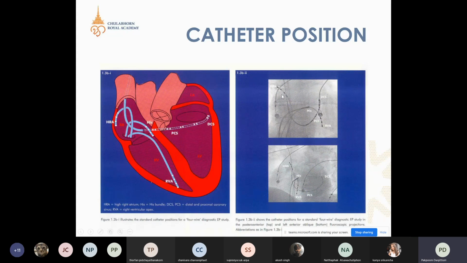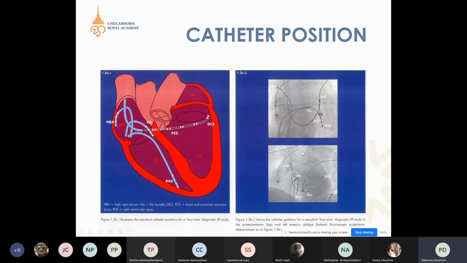So this catheter should be the high right atrium. And the second one you can guess is that this catheter, which comes with 10 electrodes and the spacing size is 2-5-2 millimeter, should be the CS catheter. So this one is the CS catheter.